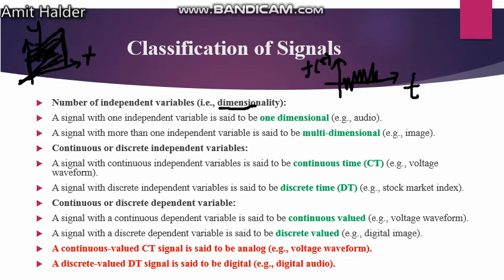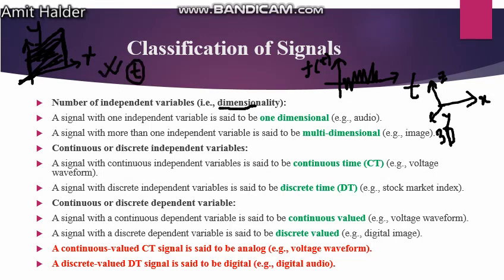Two-dimensional. If it is a three-dimensional object, that is known as a 3D object. That means it has an x-axis, y-axis, and z-axis, and shows you the three-dimensional view. My dear students, there is another example of a multi-dimensional signal, video. Video is not only two-dimensional, but it also carries the dimension of t.